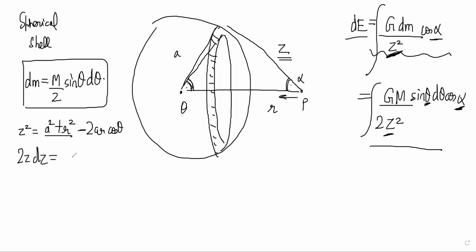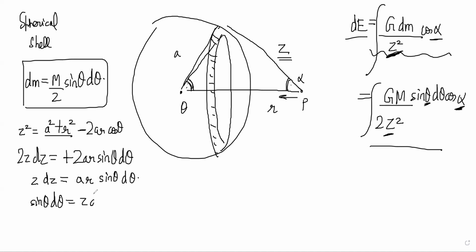A and r are constant, so you get plus 2ar sine theta d theta. So we get the same result as before: z dz is ar sine theta d theta, so sine theta d theta is z dz by ar. That is a result we had seen before also.